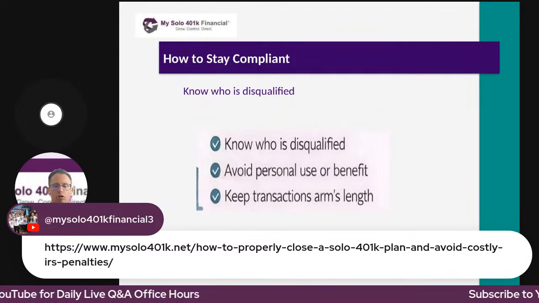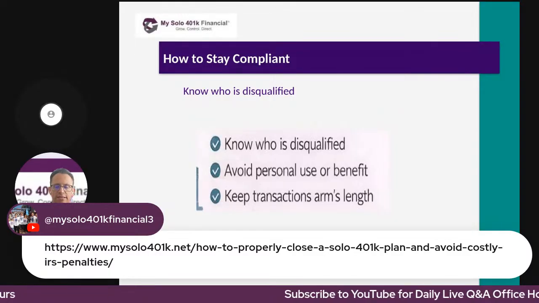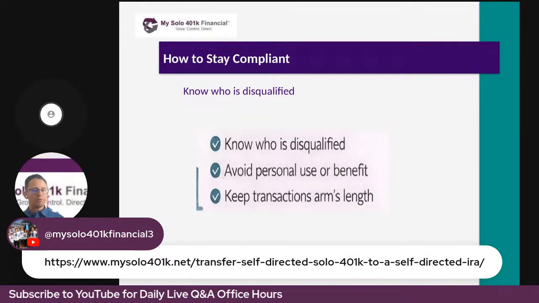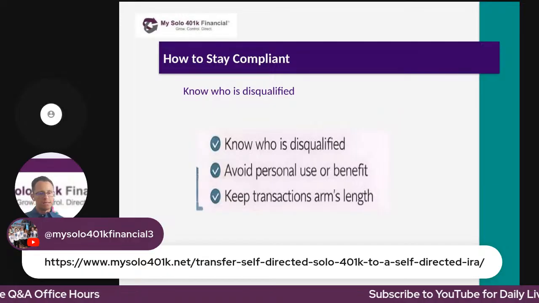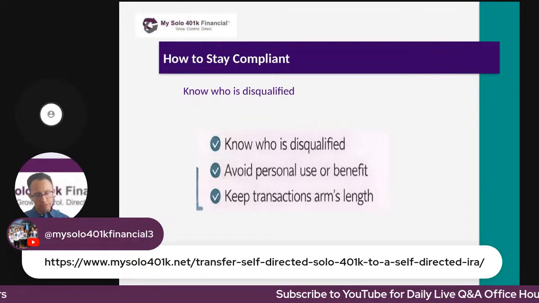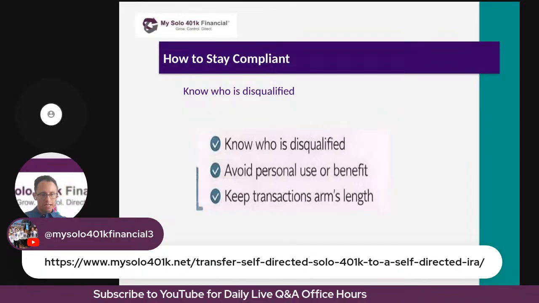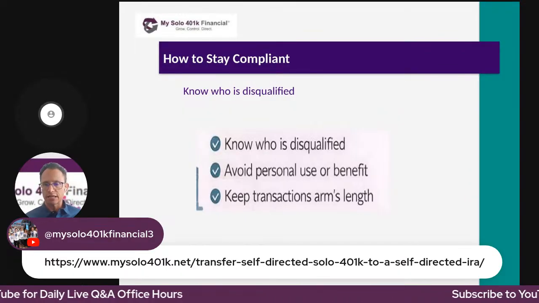You would need to work with your county recorder and have that property granted to the self-directed IRA custodian. And then we would help you close the solo 401k plan by issuing a Form 1099-R to report the full non-taxable transfer, actually a direct rollover, and then a final Form 5500-EZ.